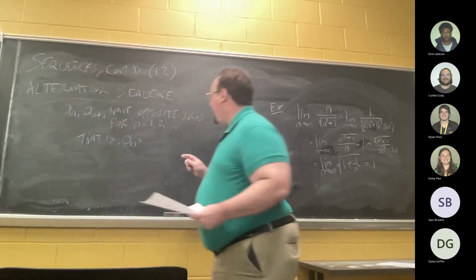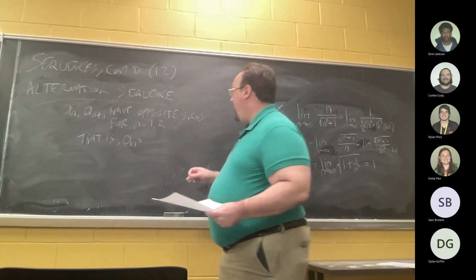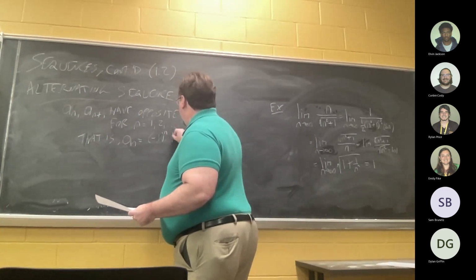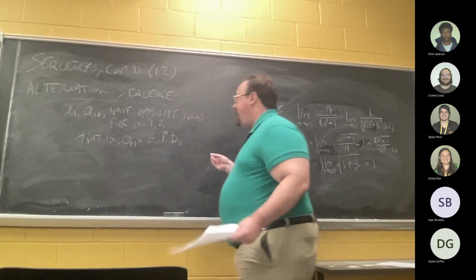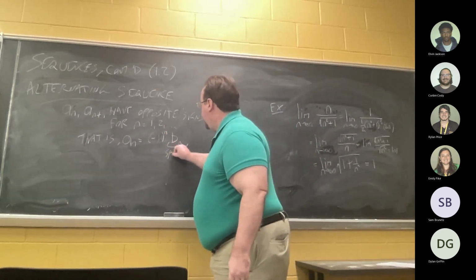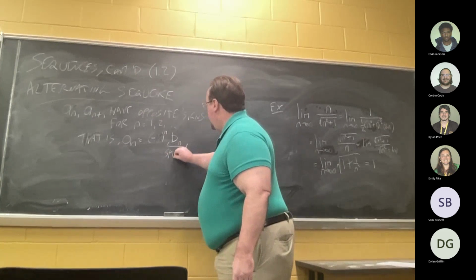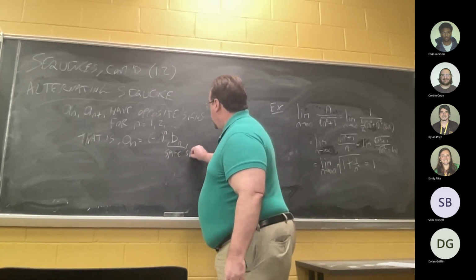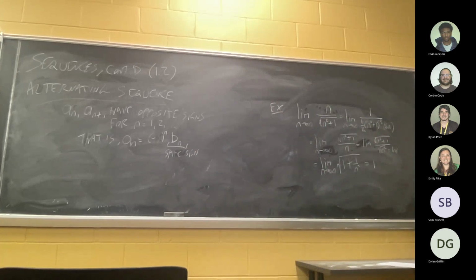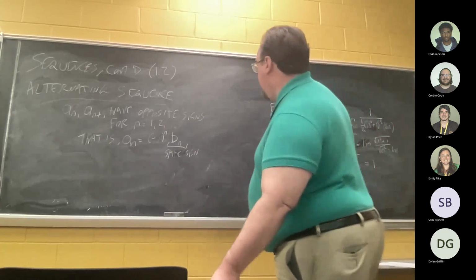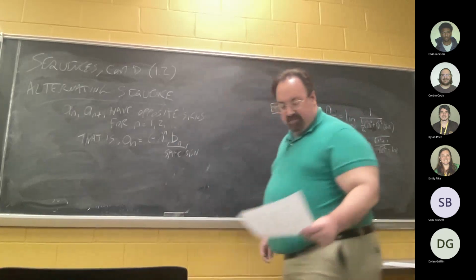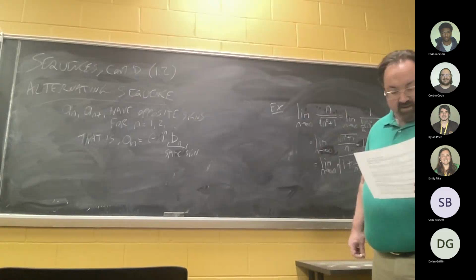That means it's possible to write the terms of the sequence a_n as -1 to the n times some expression b_n, where all of these have the same sign.